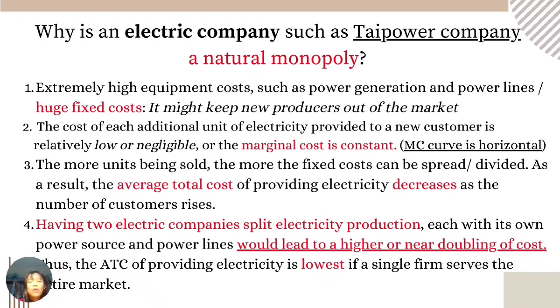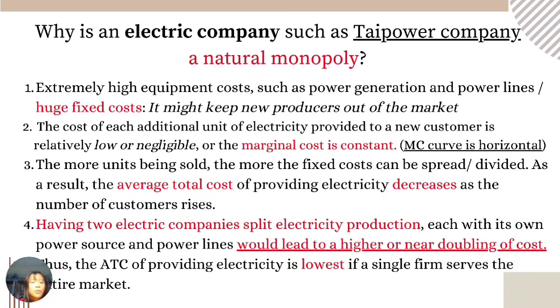Secondly, the cost of each additional unit of electricity provided to a new consumer is relatively low or can be neglected, meaning that the marginal cost is constant, or the curve is horizontal, as shown before on the graph.